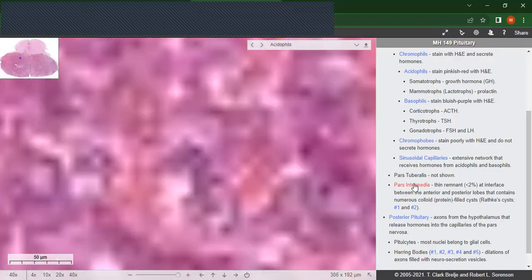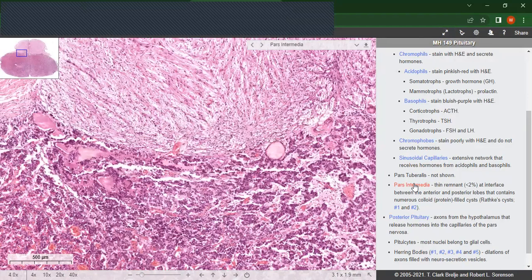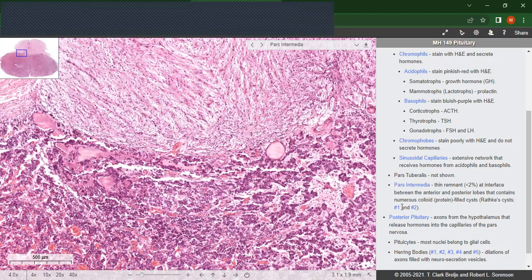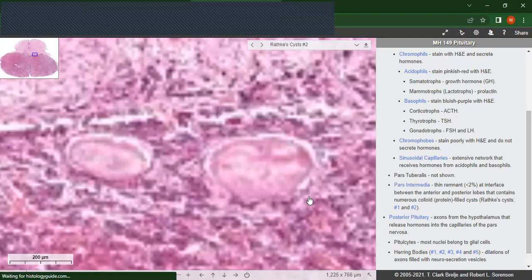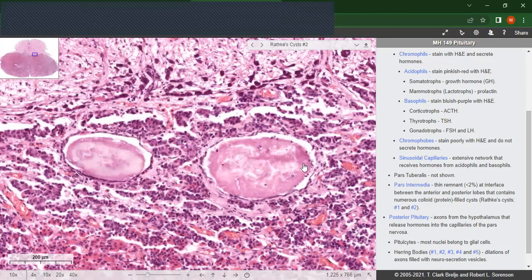Then pars intermedia, I told you, is the one which lies posterior to the intraglandular cleft, a remnant of Rathke's pouch. You see, at the interface between anterior and posterior lobes that contains numerous colloid filled cysts. So let me show you a colloid filled cyst, like this one. This is a colloid filled cyst.